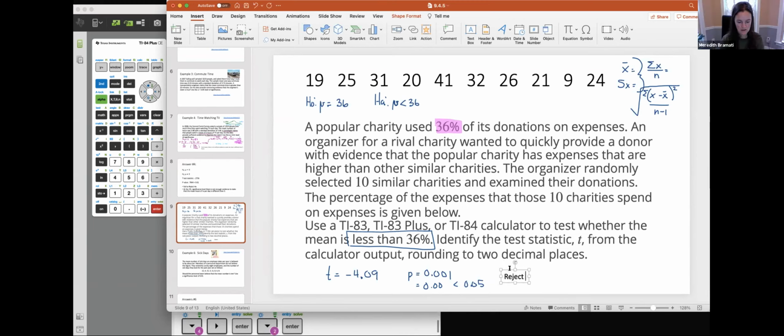Reject H0. There is sufficient evidence to state less than 36%. Any questions besides my folly?